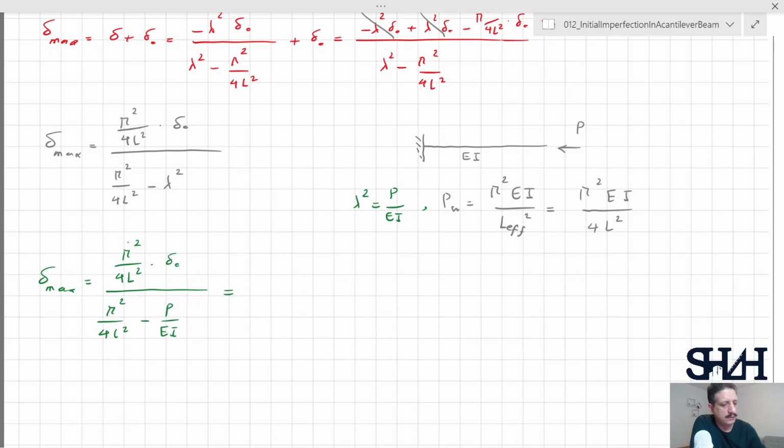And if I divide numerator and denominator by pi square divided by 4L square, then it will be delta 0 divided by 1 minus P divided by pi square EI over 4L square.